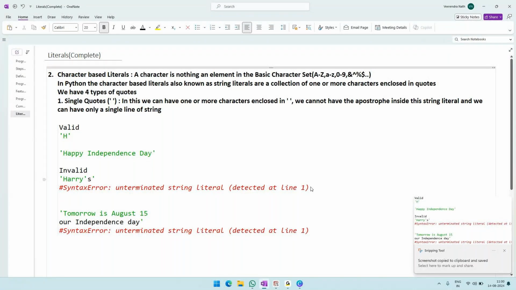Because you cannot have apostrophe and you cannot maintain them in multiple lines. That's the way we are going to look at it.